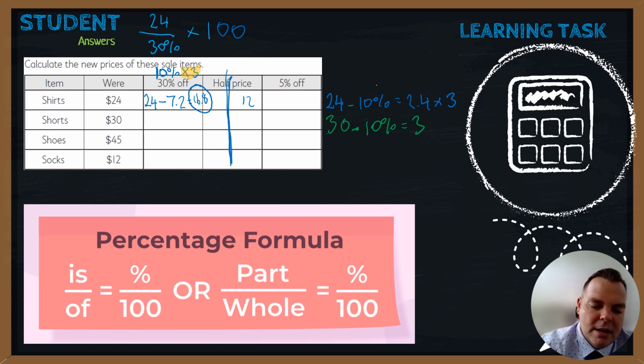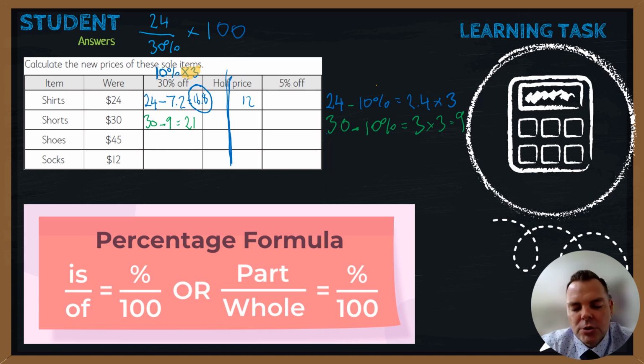And as we did over there, we're going to times that by 3. And 3 times 3 equals 9. And so I'm going to take my $30 and subtract $9, which equals $21. Okay? So that's how we work that one out. By working that 10% out, it helps us out a fair bit.